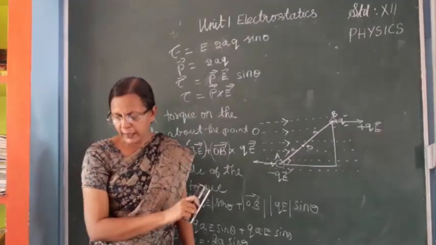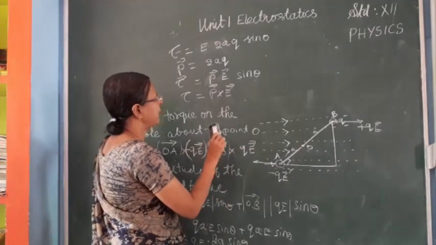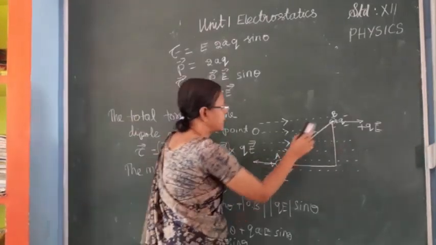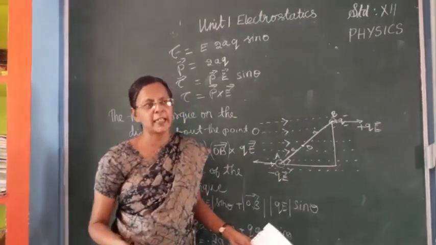Now, what will happen if the electric field is not uniform? The force experienced by plus Q and the force experienced by minus Q will be different. If they are different, there will be a net force and a net torque.